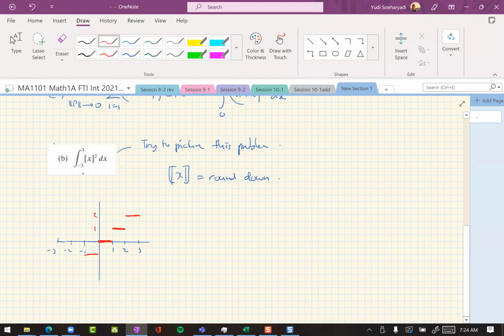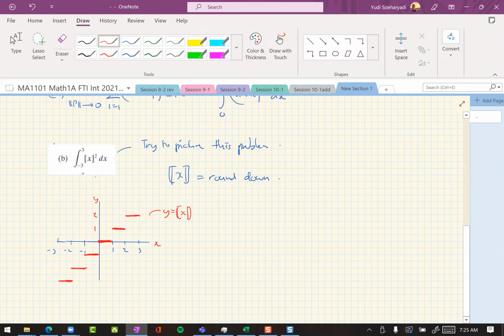Here you round down. So that is a round down of the, what do you call it, bracket functions, round down.